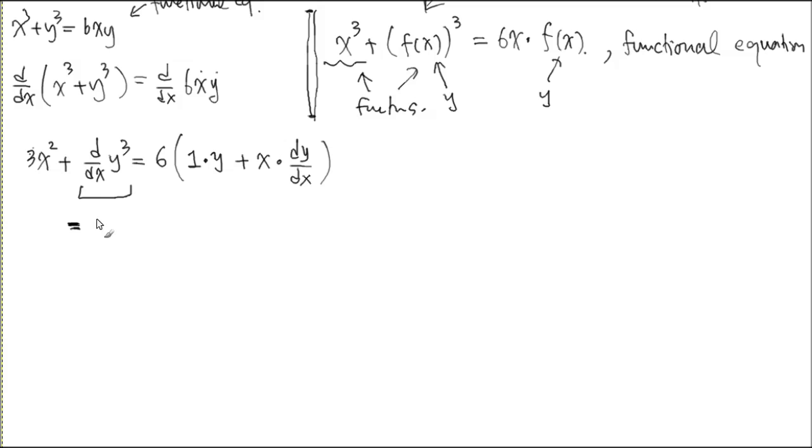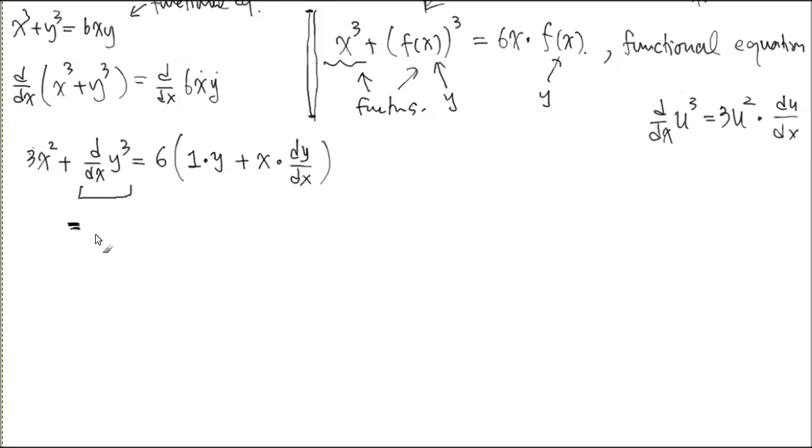I want you to look at this as d/dx of u cubed. Same thing. Remember the chain rule? So this is 3u squared, and you multiply by what? du/dx. Isn't that the chain rule? Right? 3u squared times du/dx. That's the chain rule. But here it is y, just another letter. You do the same thing.